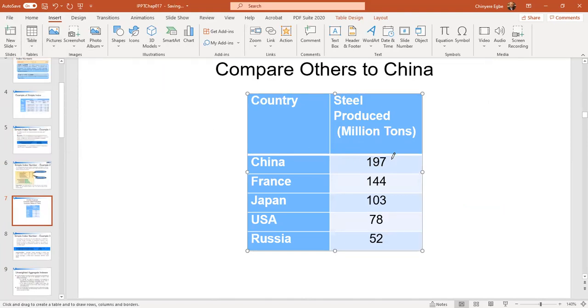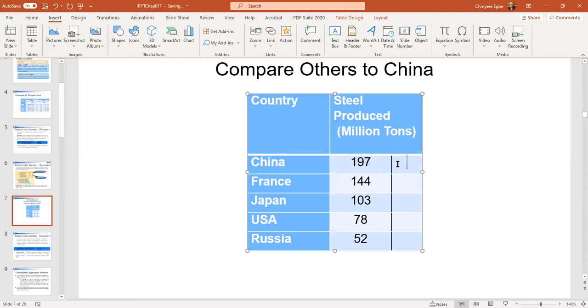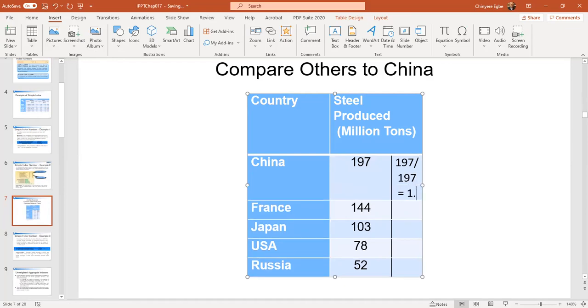So here I'm going to calculate some index. All right. So here I'm going to say 197 over 197 is equal to 1.00.